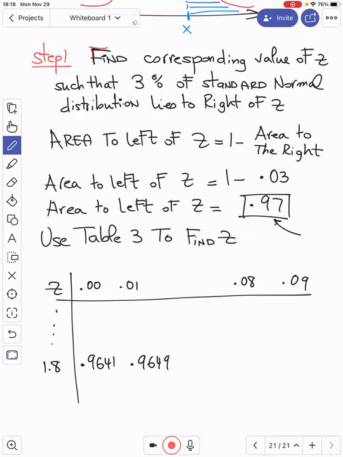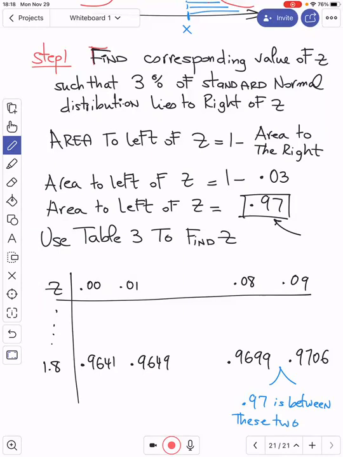For 0.08, I think we have 9699, and for 0.09, I think it's 9706. So you see the 0.97 is actually between these two numbers, between 9699 and 9706.